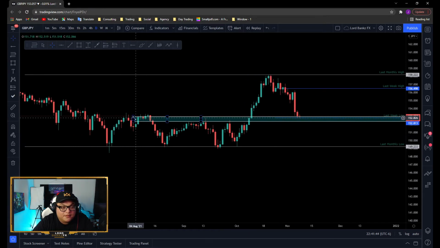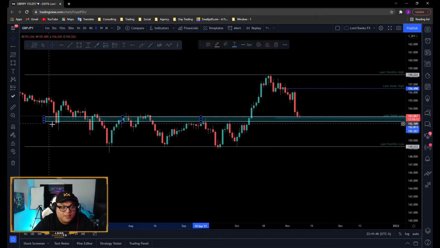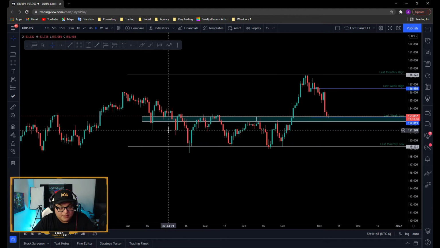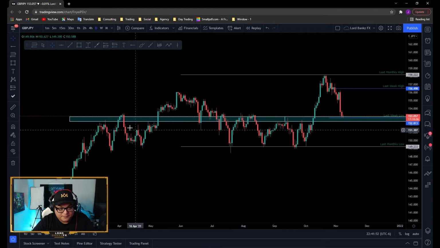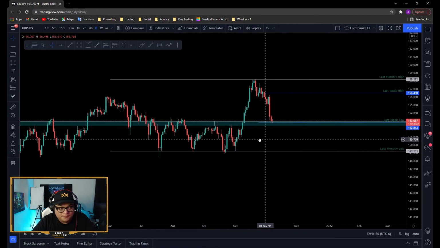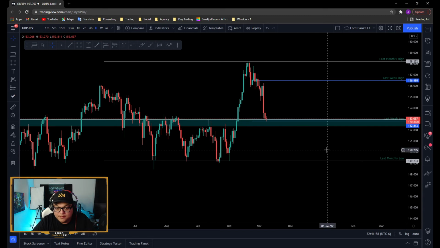It's an important key level where price has respected or reacted multiple times. See that? That's on the daily.